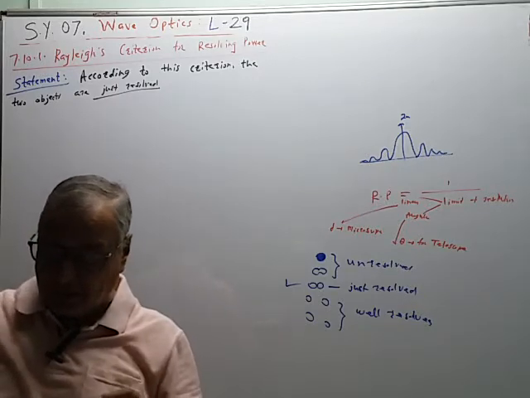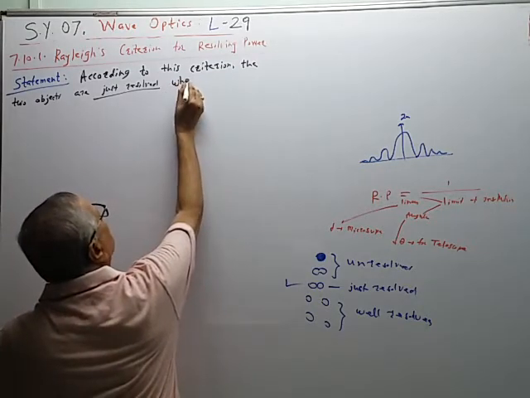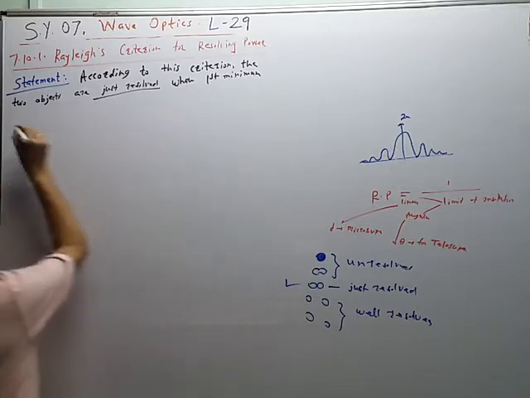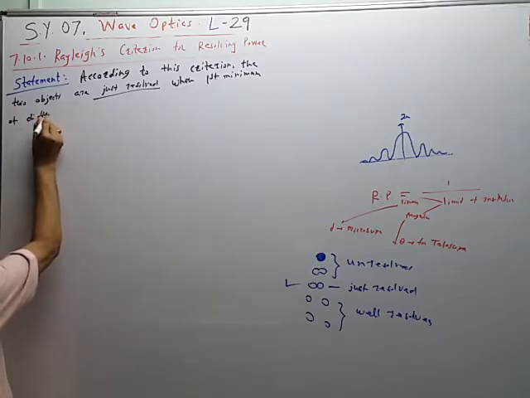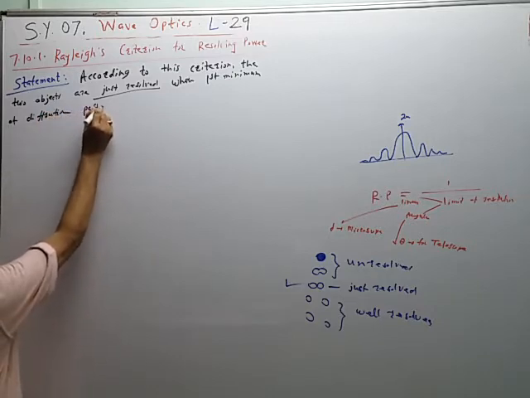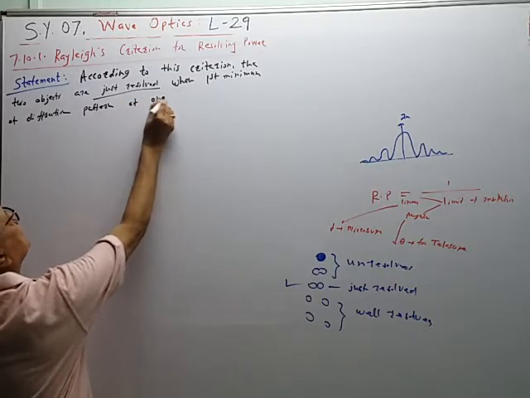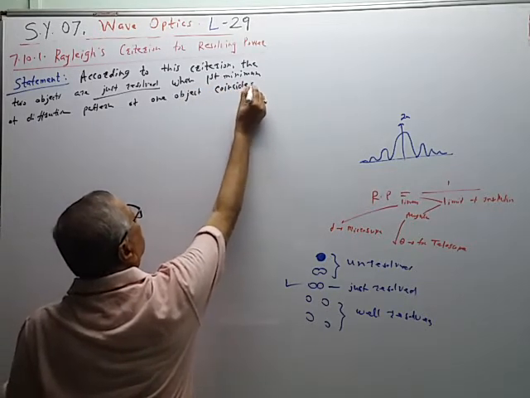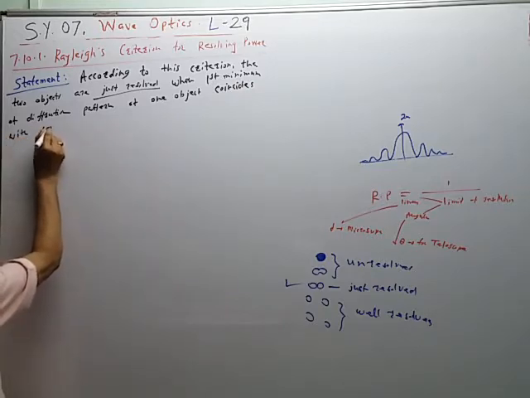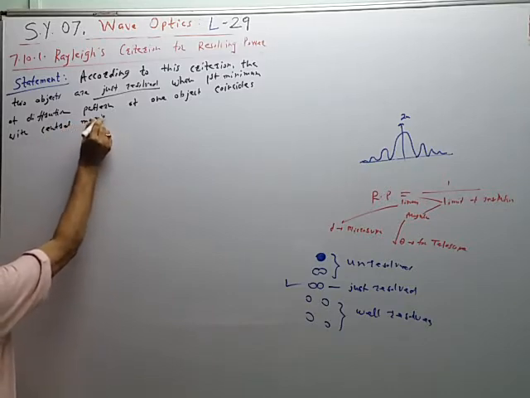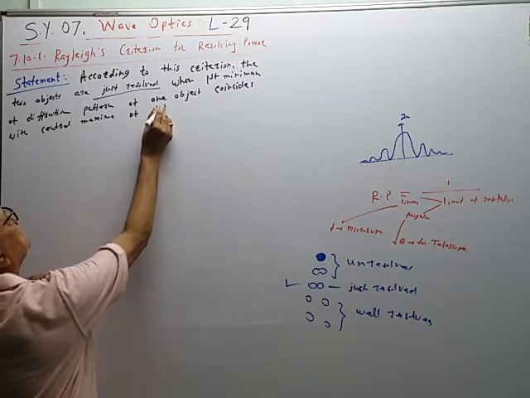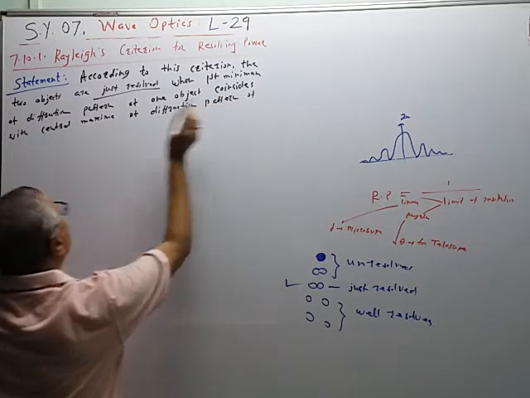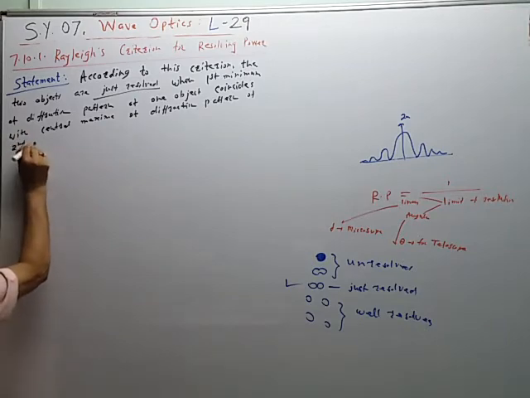The two objects are just resolved when the first minimum of the diffraction pattern of one object coincides with the central maxima of the diffraction pattern of the second object or other object.